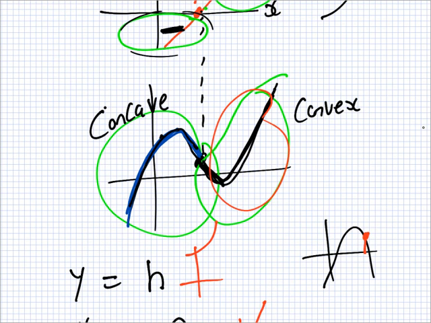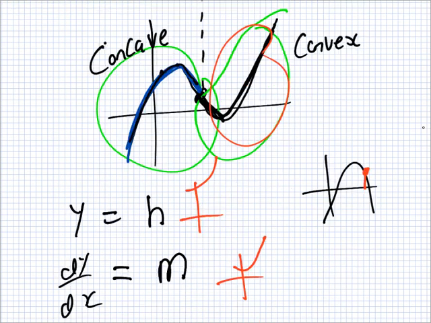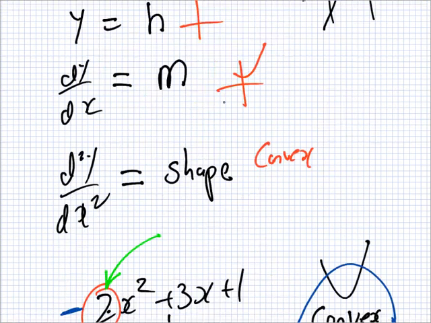Now we'll have a look at some examples, okay? But the advantage of this is that it can tell you if you have a maximum or a minimum. So if it's concave, the turning point is a maximum, and if it's convex, a minimum. So this gives us our rather important result here.